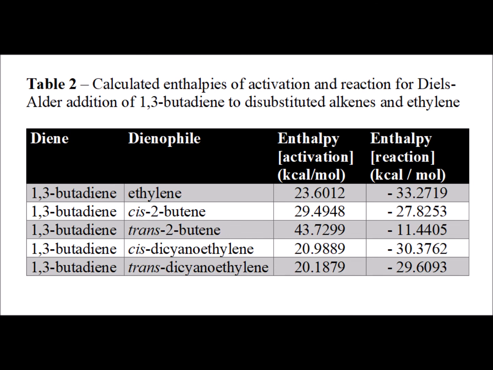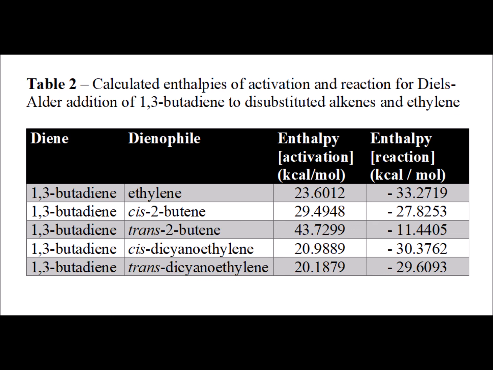In Table 2, we see the calculated enthalpies of activation and reaction for the reactions shown in this video so far, as a comparison to the Diels-Alder addition of 1,3-butadiene to ethylene. And we notice a couple of things here. One is that for the 2-butene, there is a considerable difference in the energy of activation between the cis and trans version.